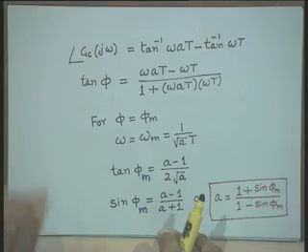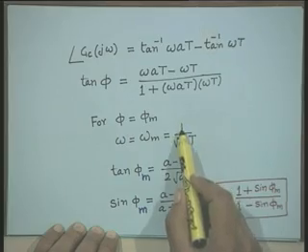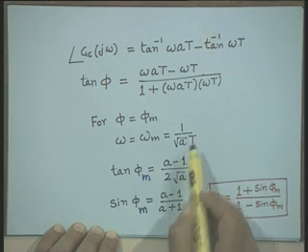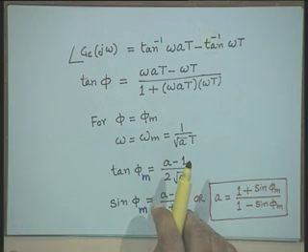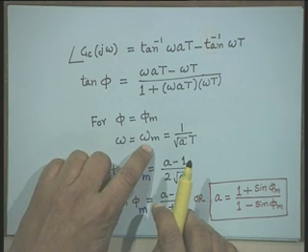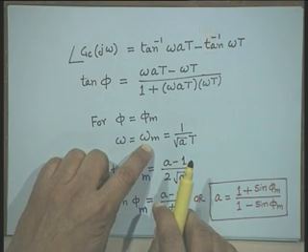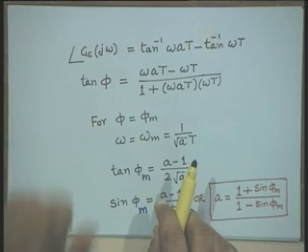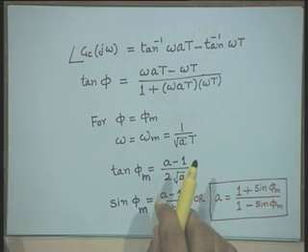Then we also have an expression omega m equal to 1 divided by square root of a T. That is, if I know the frequency at which I want to get the required phase shift, then omega m is known to me. I start with this omega m, the frequency at which I want to compensate for the phase lag of the system.